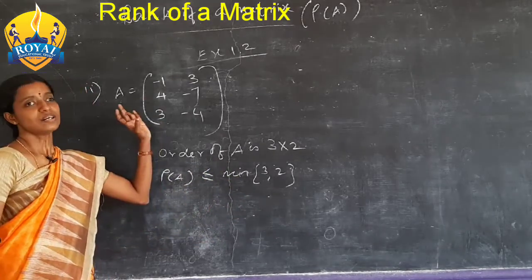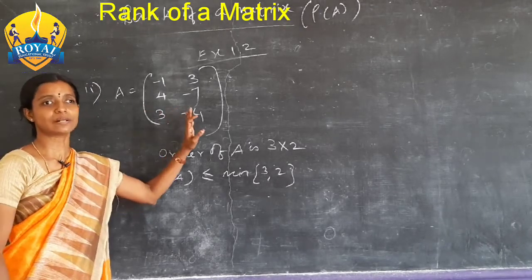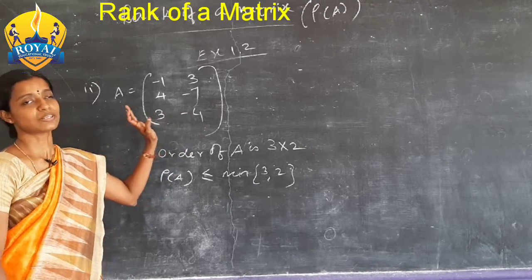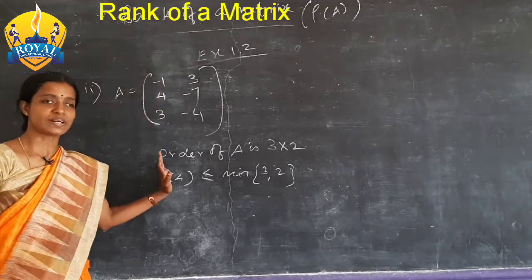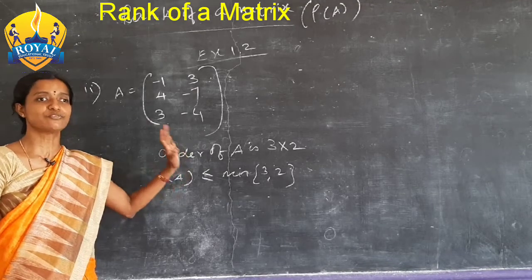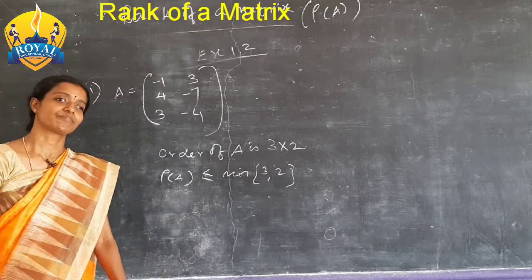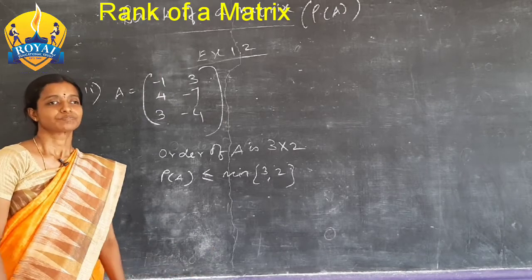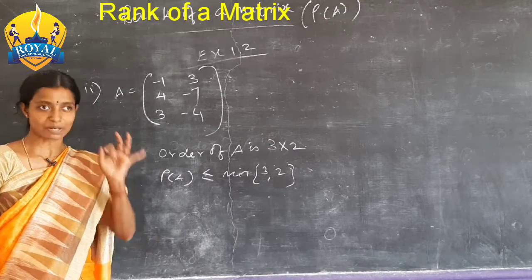Now here also we are going to find the rank of a matrix using only the minor method, called the determinant method. Since I have a 3 cross 2 matrix, is it possible for me to find the determinant for this matrix directly? Determinant method can be applied only for a square matrix.